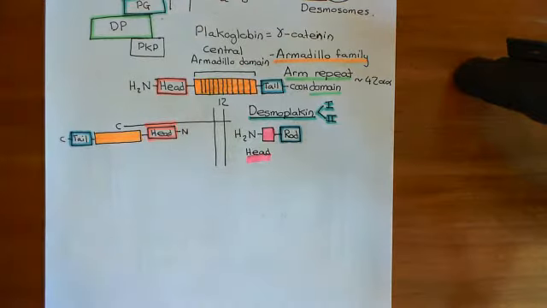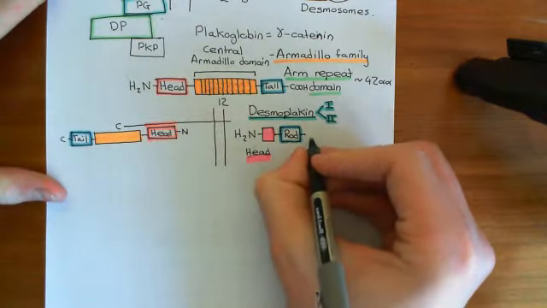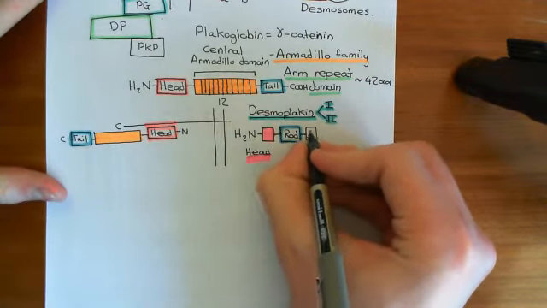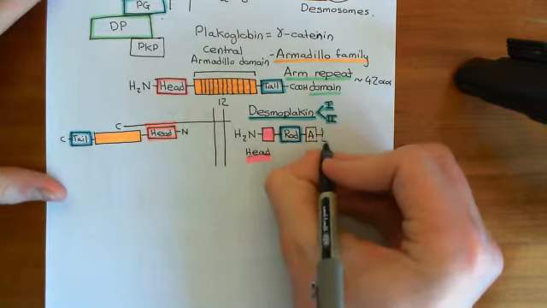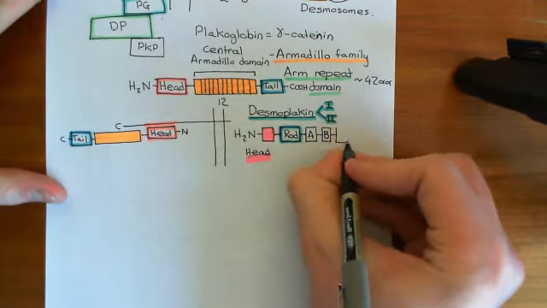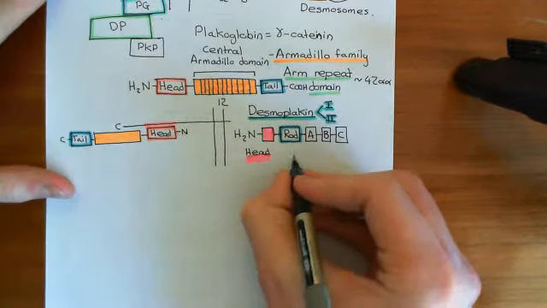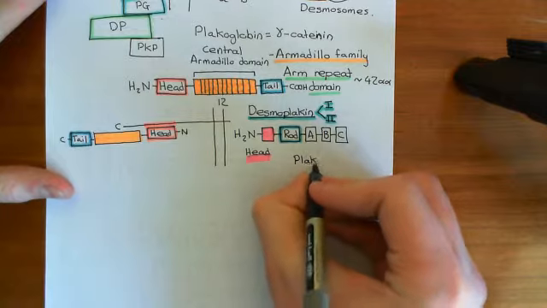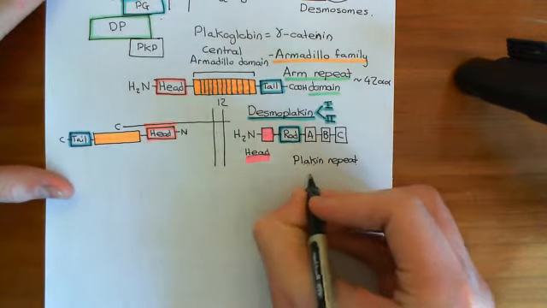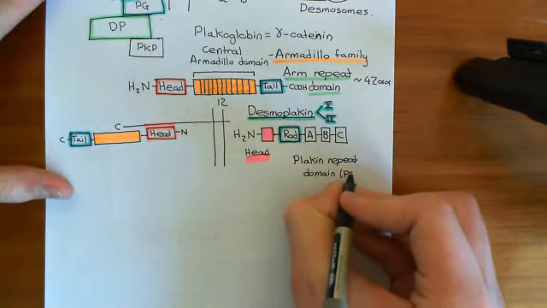Then after the rod domain, you have three domains that are known as plakin repeat domains. So one of them is known as the plakin repeat domain A, the second is known as the plakin repeat domain B, and the third is known as the plakin repeat domain C. For short, plakin repeat domains are abbreviated to PRDs.